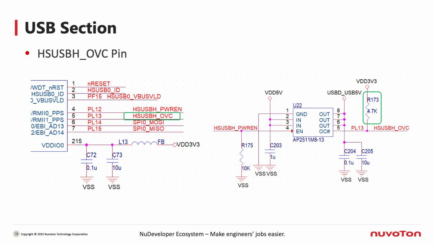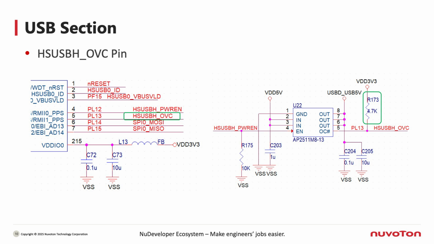When designing the schematic, note that if the management logic part of the circuitry is omitted and not designed according to the development board schematic, the pin can be matched for use in two ways: hardware and software. The hardware approach involves pulling up the HSUSBHOVC pin to 3.3 volts with a 10 kilo resistor to keep it at a high level.